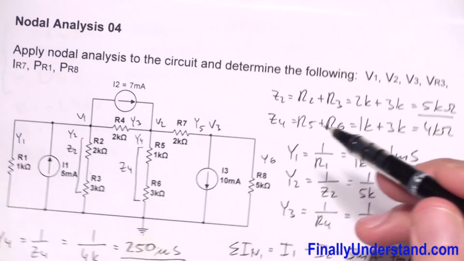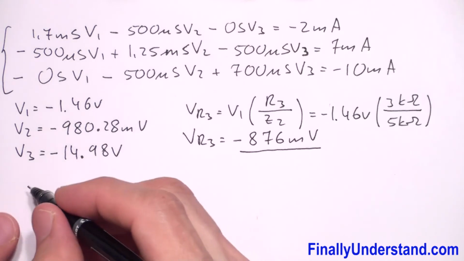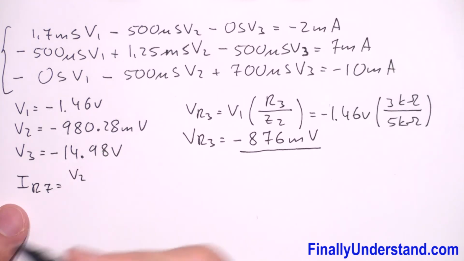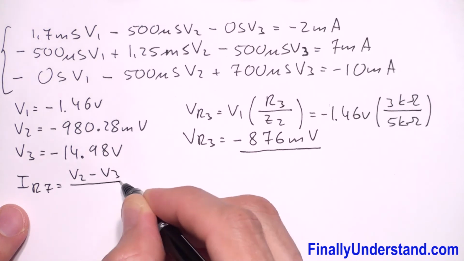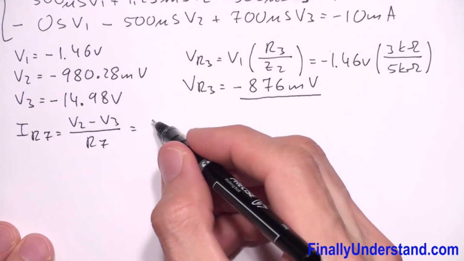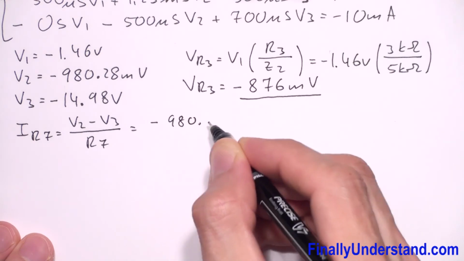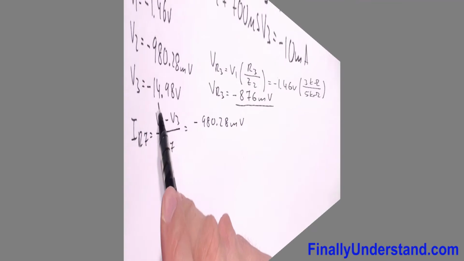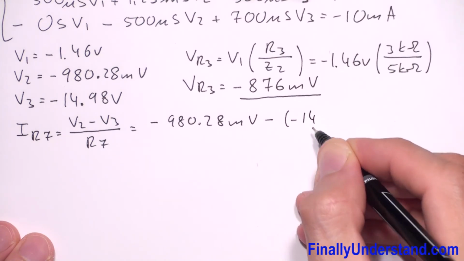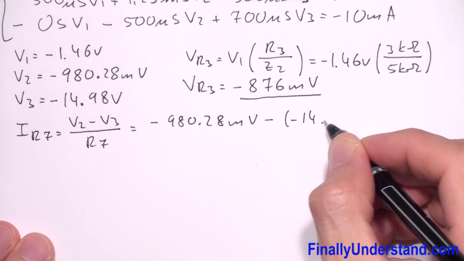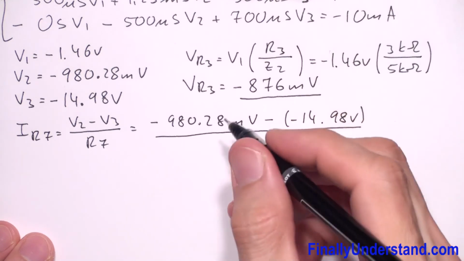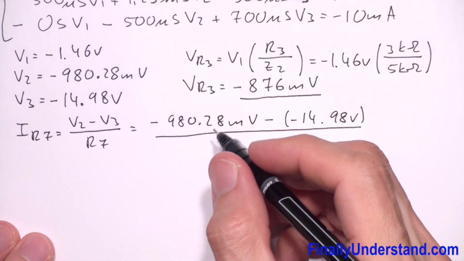So I can say that the formula for IR7 is equal to V2 minus V3 over R7, where V2 we found is equal to negative 980.28 millivolts, minus V3, which is equal to negative 14.98 volts, over R7. R7 is equal to 2 kilo ohms.